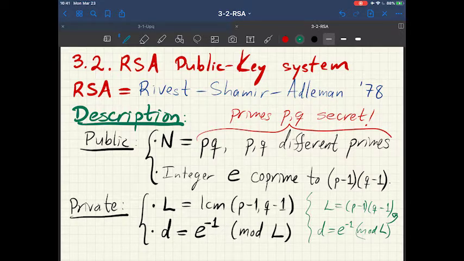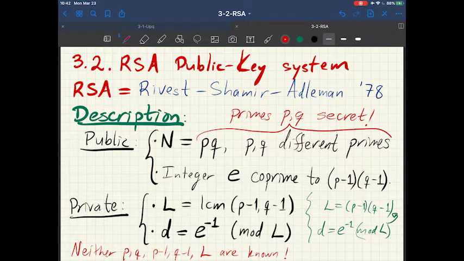The key thing to remember here is that neither p nor q nor p minus 1 or q minus 1 nor therefore L are known.